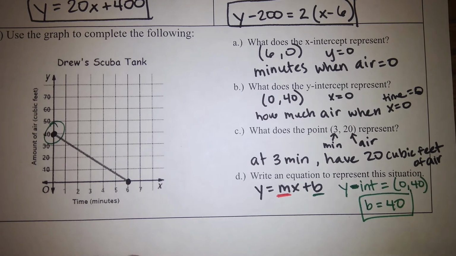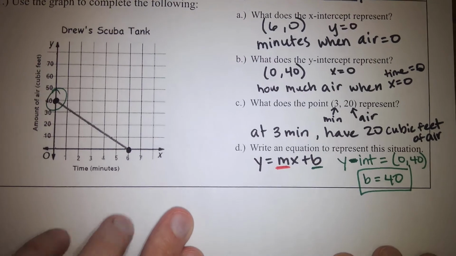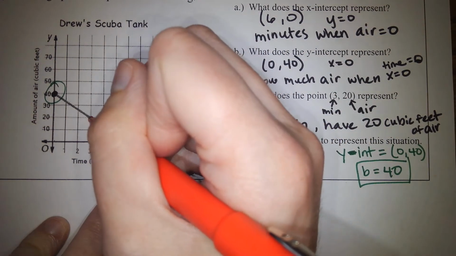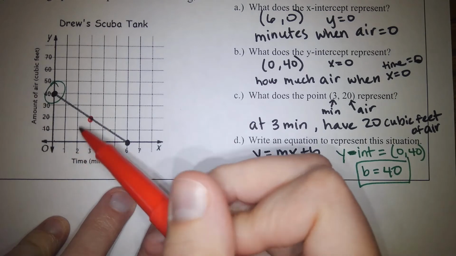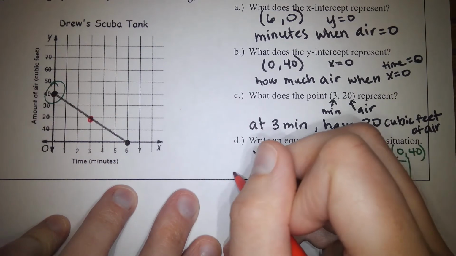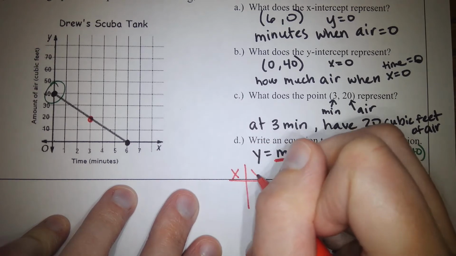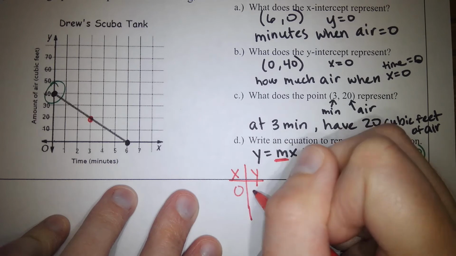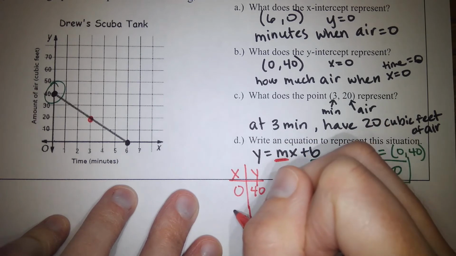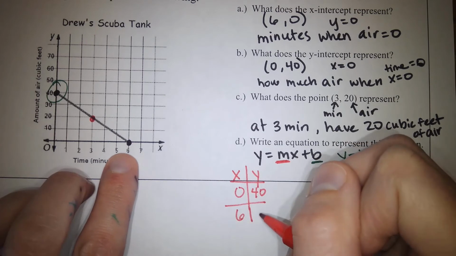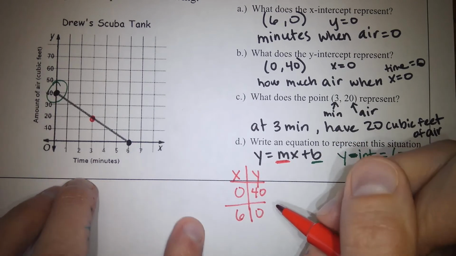So if we're finding our slope, what I would do is make a table, you guys. So we have 2 points. We've already picked a couple. You could even pick that one if you wanted, the little 3, 20. But we have our x-intercept and our y-intercept, so I'm going to pick those. So we have x and y. And we have, let's see here, when x is 0, y is 40. And then our point here, x is 6, my y is 0.